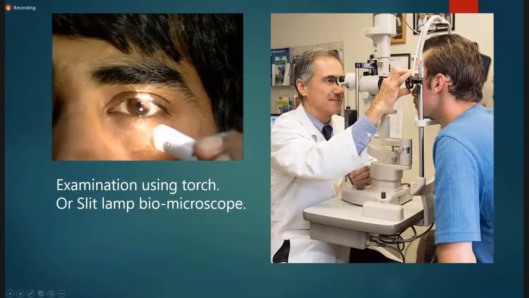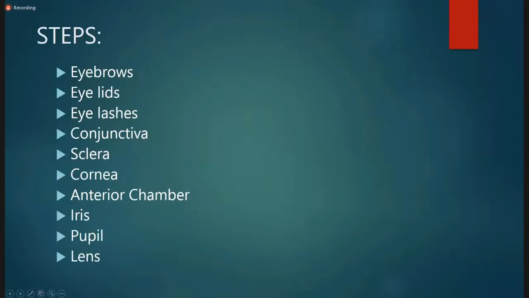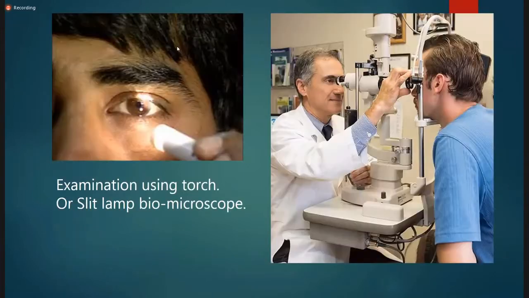This is a figure showing an examination with the help of a torch. The torch is placed obliquely at about a 45-degree angle, and we can see the lids, lashes, eyebrows, upper lid, cornea, pupil, iris. So you have to do all the examination in a systematic way, from outside to inside.